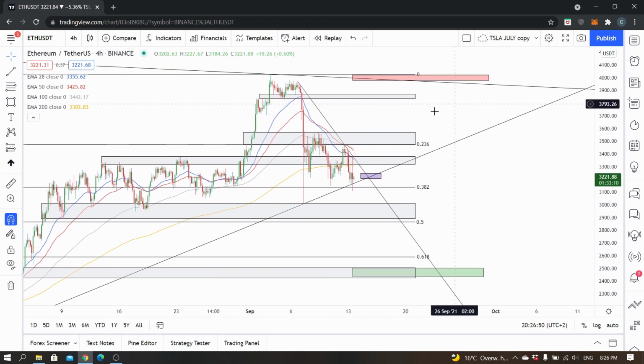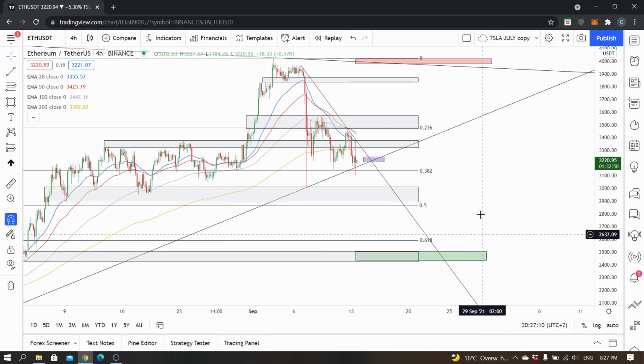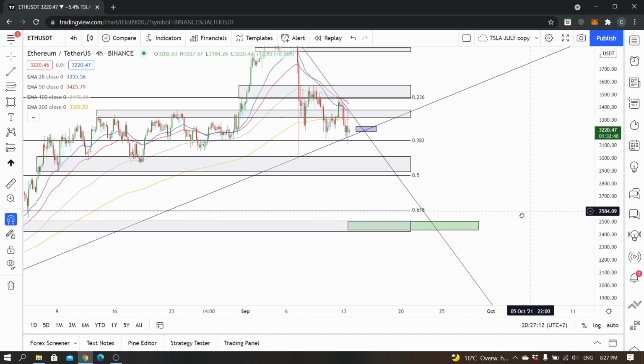So in this analysis I am going to highlight 3 areas I found, 2 being I think quite long-term interesting price areas, where the first is this sell area, the red box, and the second is this green area, which is the green box here. So let's start with the green box.